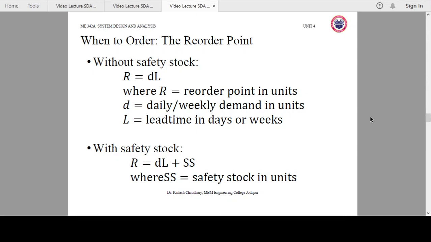Now as time passes, those products will be consumed, and one day you will be having zero items in your inventory. So to avoid this situation and to keep your manufacturing going on, you need to keep check on what quantity you need to make a reorder, so that you can continue your manufacturing without any problem.